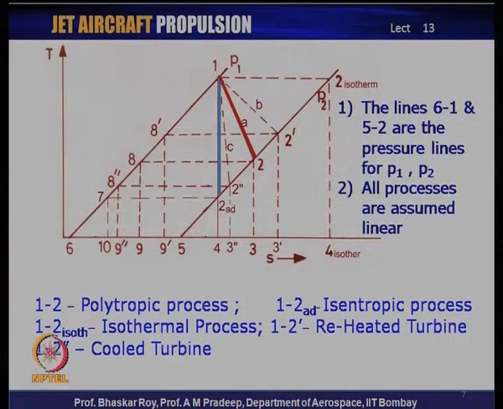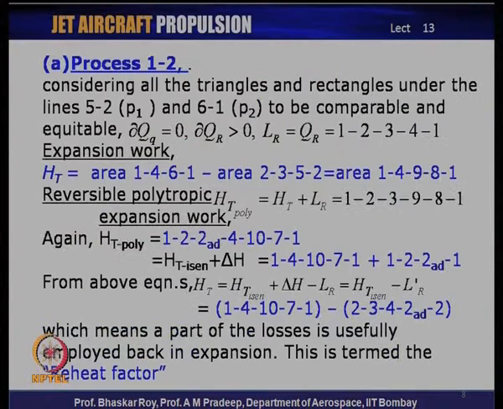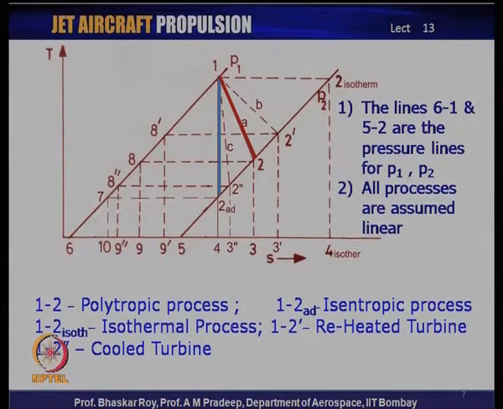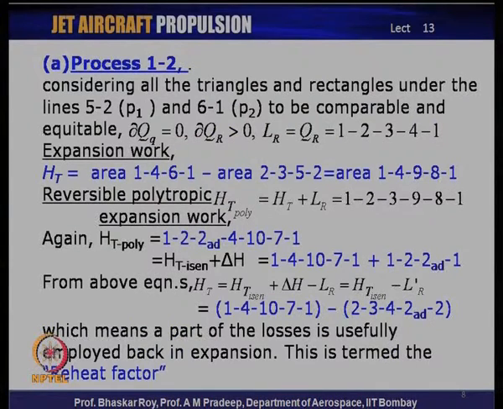That is a triangle, the first area, minus the area 2, 3, 5, 2, where 2 is the end of the process, so all the way down 3 and then 5, 2, another triangle. This triangle minus this triangle is the expansion work that is hoped to be extracted, and hence this would be 14981.